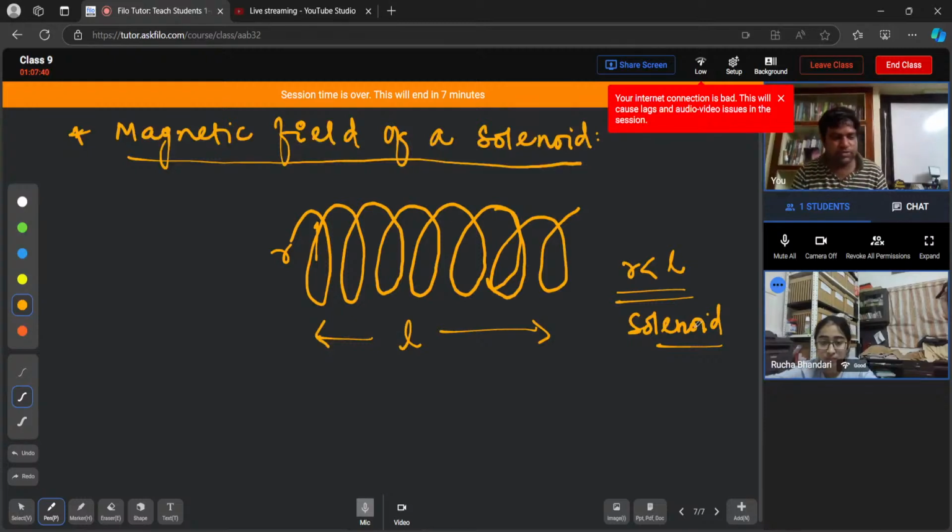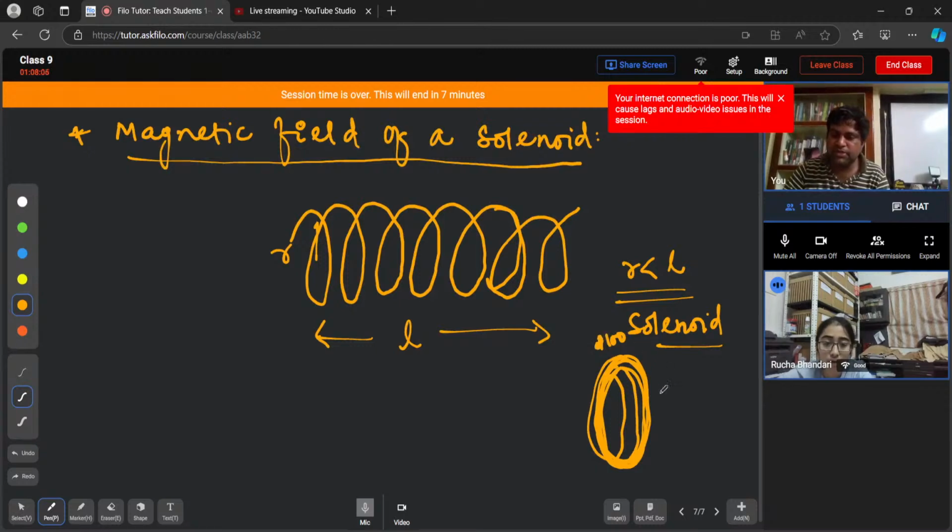Sometimes students confuse the loop equation and the solenoid equation in numericals. Suppose it has 100 turns, but one turn is overlapped over the other, one on top of another. Let's say 100 turns.